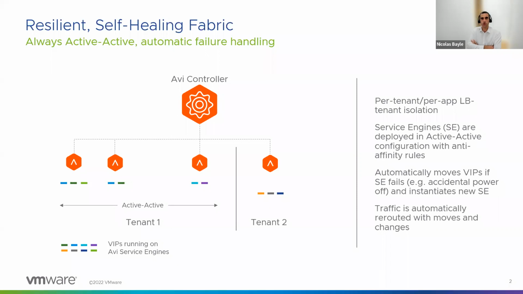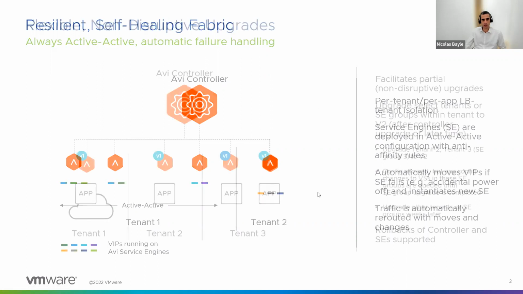You want to make sure that you can still manage your application fabric. And this is what the AVI controller does with this built-in automation. Remember, we reviewed this active self-healing fabric on day 2, and this is built-in automation.